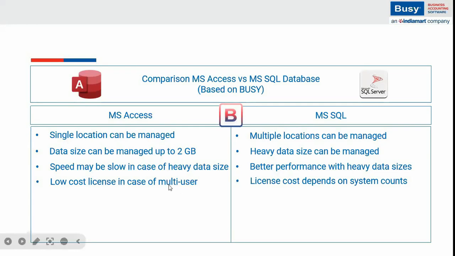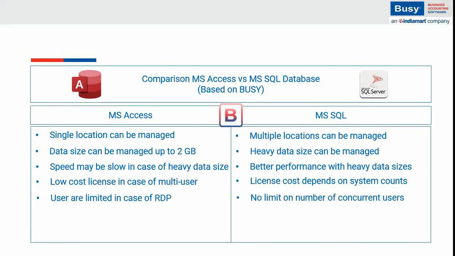MS Access is very low priced, and users are limited in case of RDP. Suppose the company has multiple users and they are using the database with Remote Desktop Protocol, RDP. In that case, we are able to connect up to 25 systems, 25 users, not more than that.